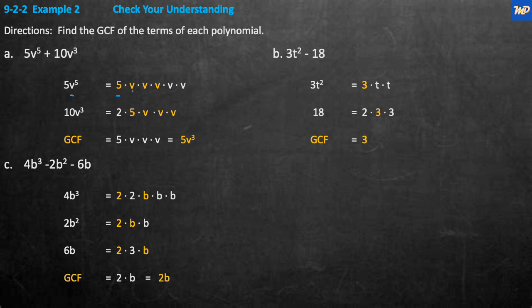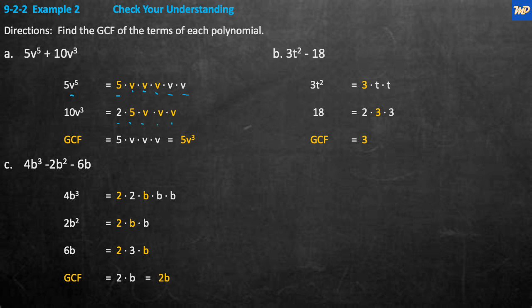So we have v times v times v times v times v. Okay? In the 10v cubed, we have a 2 and a 5. 2 goes into 10 5 times, and then 5 goes into itself 1 time. So those are both prime numbers. And we have v cubed, so we have v times v times v.